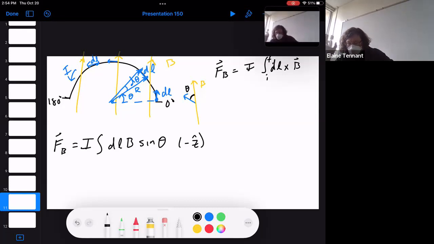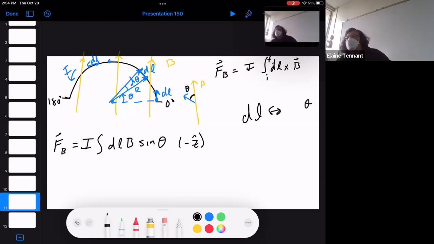How about the sine of theta? Is that going to be a constant, or is that going to change as I go to different dl's? It's going to change. Okay, so I need to relate my dl and my sine of theta. Or really, I could say I need to relate dl and theta. Sound okay?